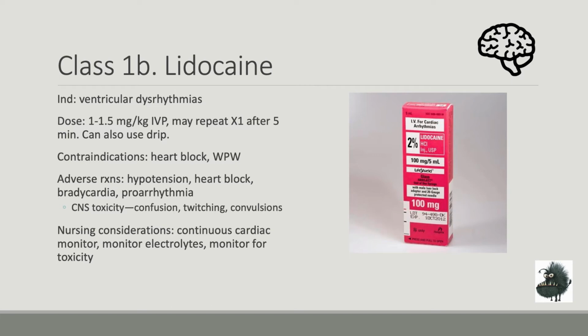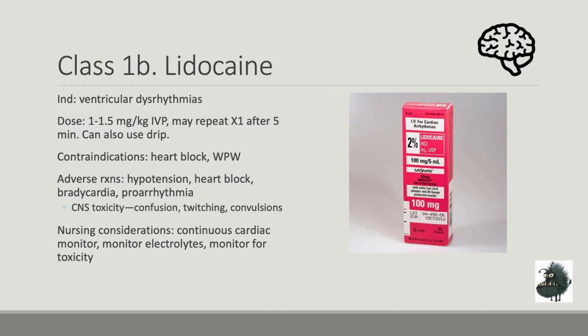It is contraindicated in heart block and WPW. We're going to talk about WPW in a little bit, but it's Wolff-Parkinson-White syndrome. We just don't want to give it in any condition where either the AV node is broken, or in WPW, the problem is that there is a bypass tract that goes around the AV node.